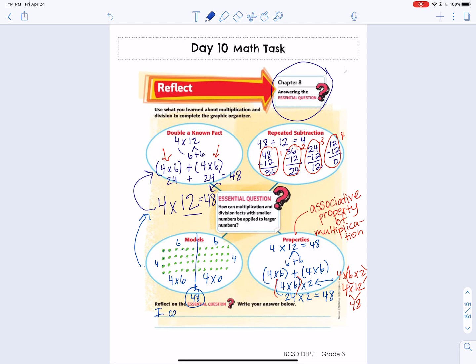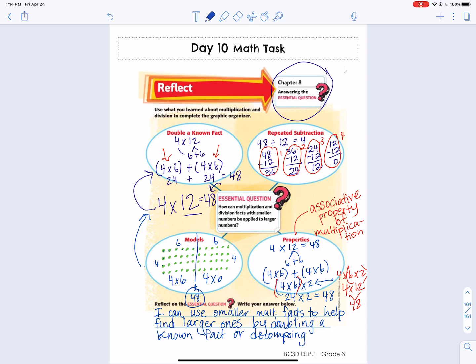I'm going to say I can use smaller multiplication facts to help find larger ones by doubling a known fact or decomposing.